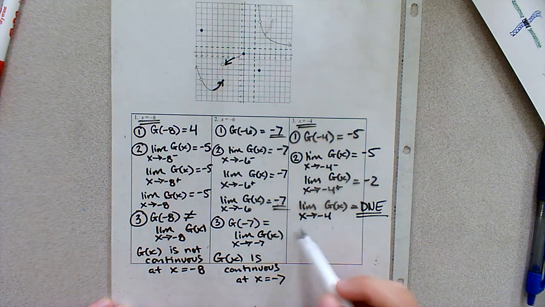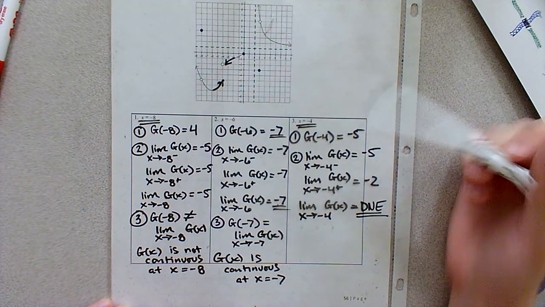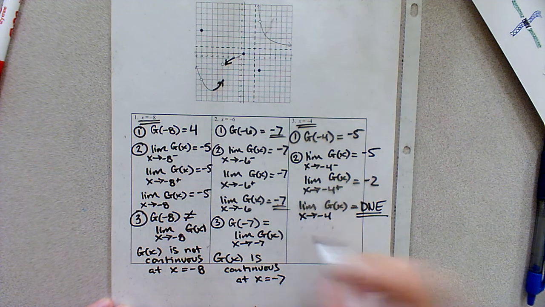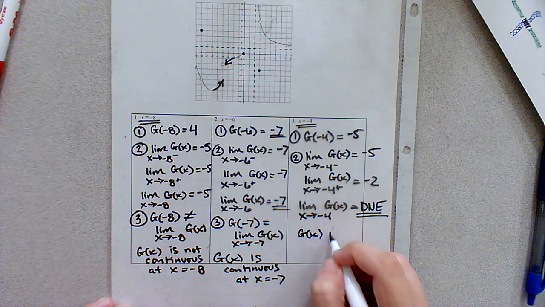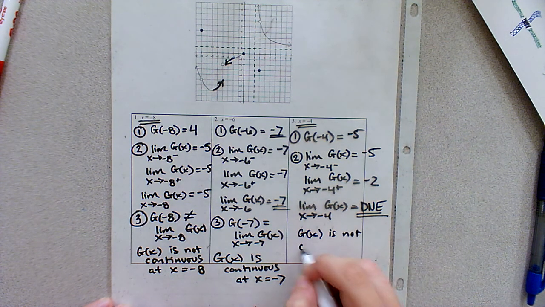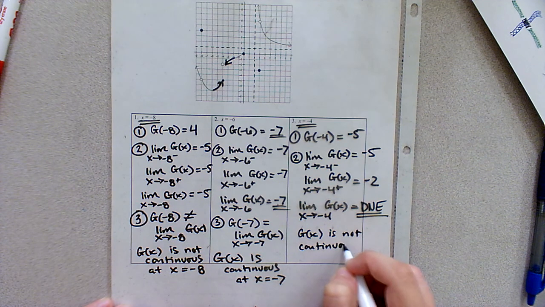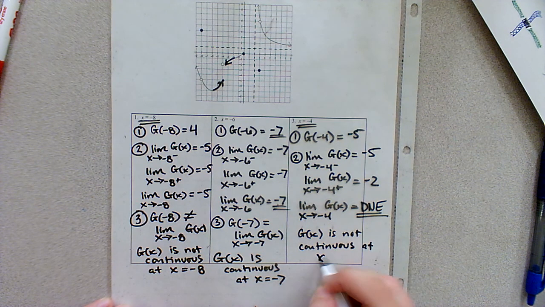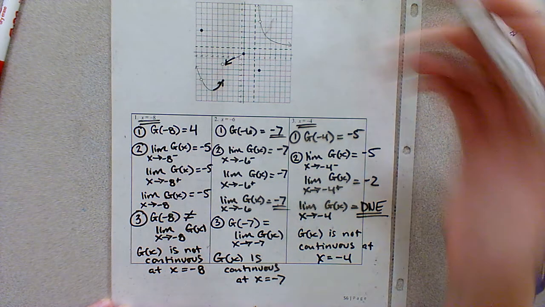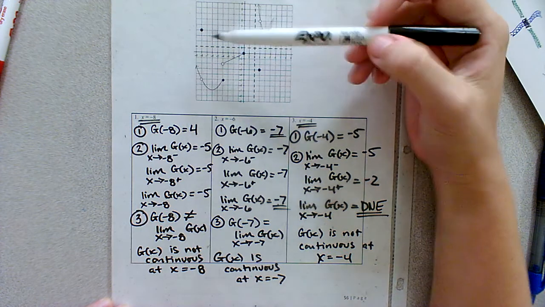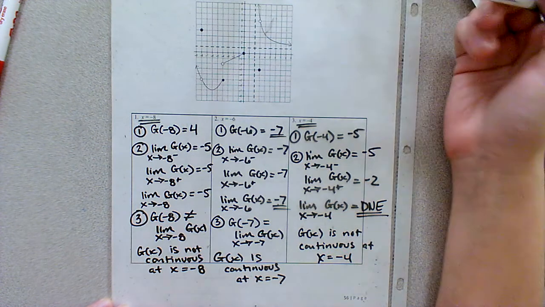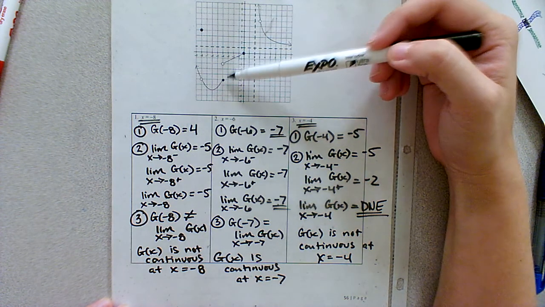So going on to number 3 is not really necessary because number 2 failed. So we can say g of x is not continuous at x equals -4. Again, we can confirm that on the graph because notice how at that location we would have to pick up our pencil because we have that jump.